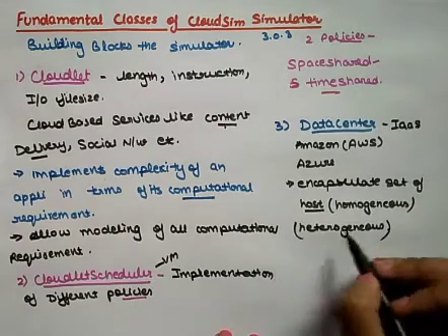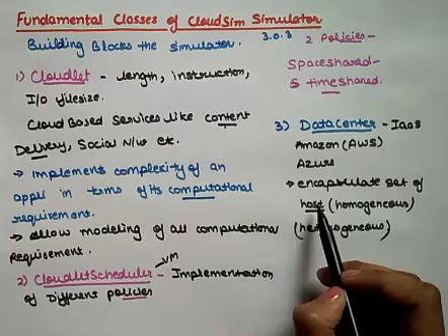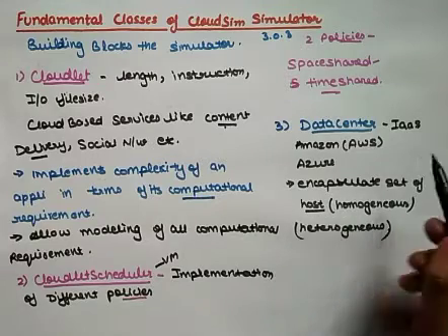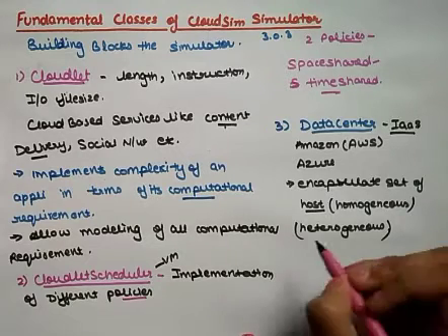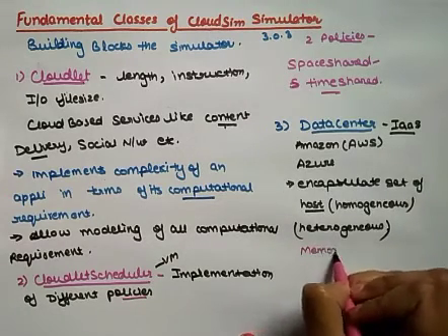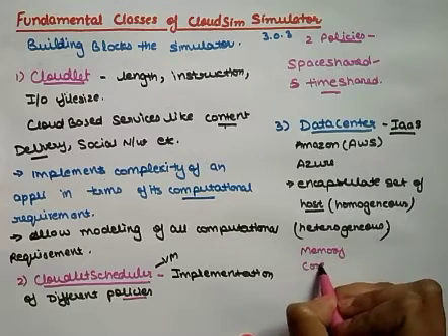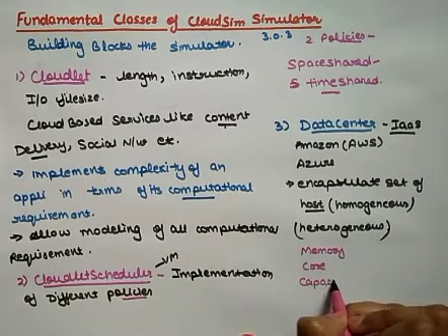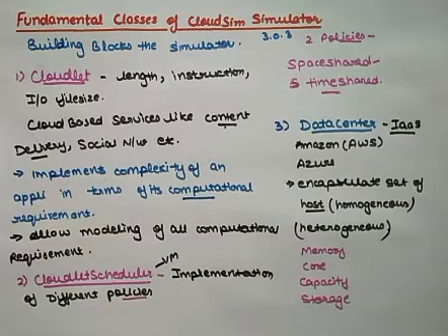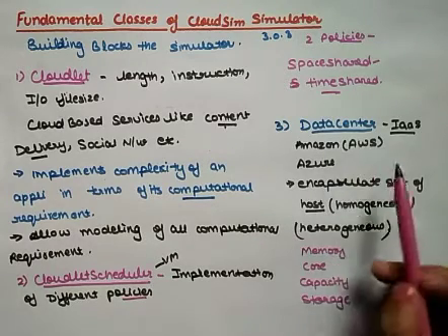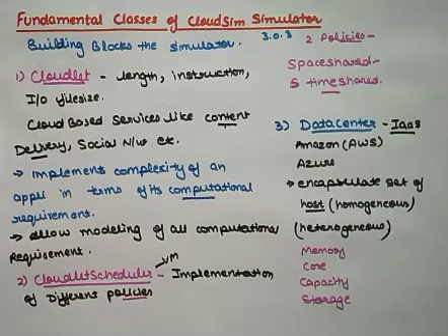Homogeneous or heterogeneous depends on the configuration of the system, the configuration of the hardware or infrastructure provided by service providers, right? Here configuration means we are talking about the system's memory, the system's cores, its capacities and its storage, okay. So this is about the Datacenter class of the CloudSim simulator.